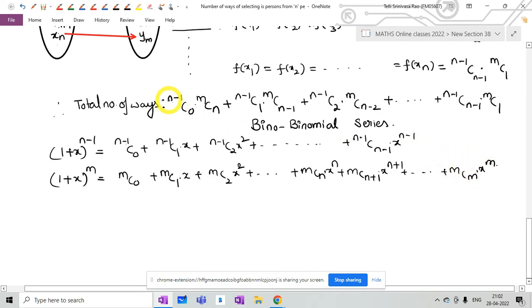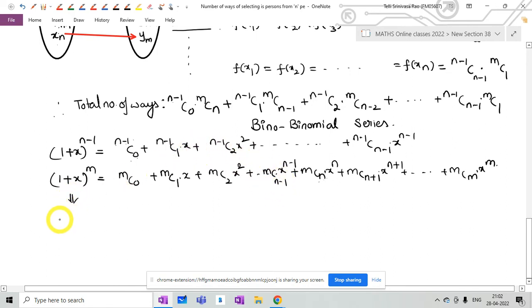So if you observe, (n minus 1)C0 into mCn. If you multiply these two, which coefficient is it? It is the x to the power of n coefficient. Similarly, (n minus 1)C1 here is with x, and mC(n minus 1) with x to the power of n minus 1. If you multiply these two, which coefficient is it? Again x to the power of n.